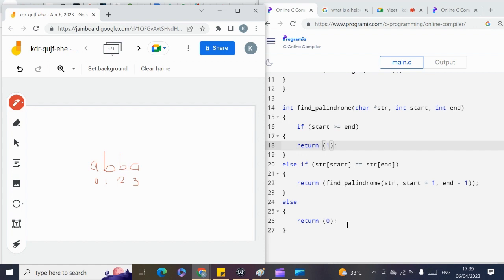So in our base case, what we are saying is if start is greater or equal to end, then it's a palindrome.